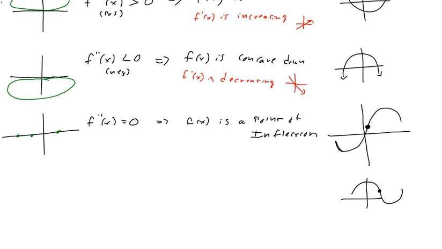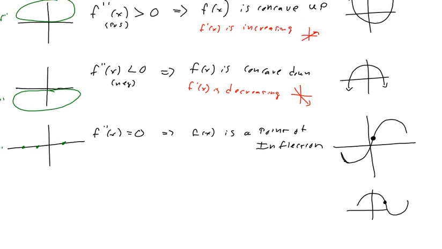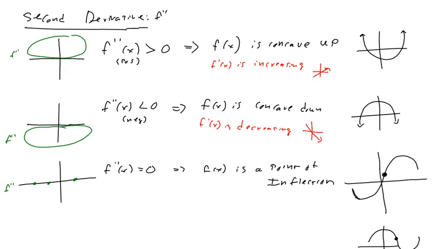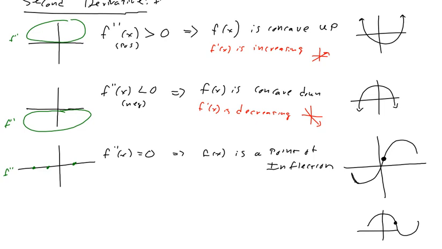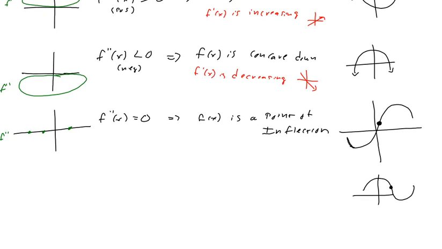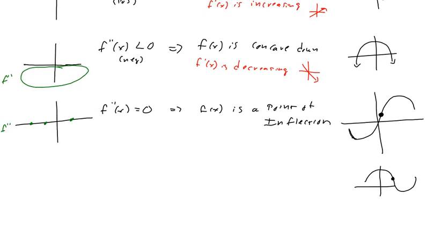And this is our second derivative test. This is the information we get from the second derivative. The curvature of the graph, the shape of the graph, right? So f double prime tells us the curvature or concavity of f of x.